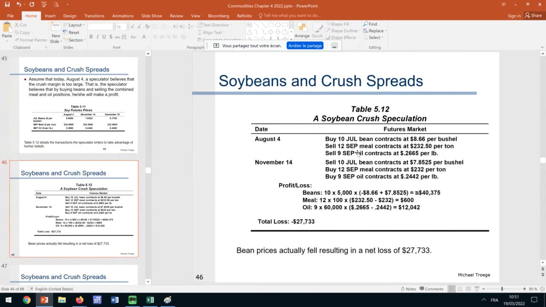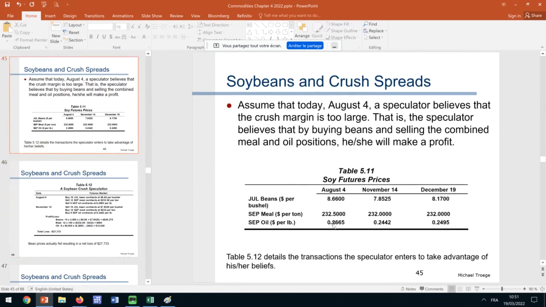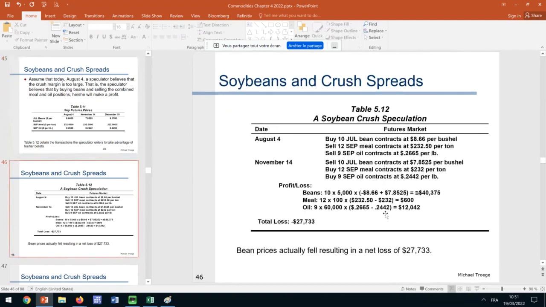Here we start on August 4th, so that's the first date. We place a bet on our crush spread. Remember, we think that these soy crushers make too much money. So the crush margin is too high; it has to go down. People will enter the market and crush more, and that's going to lead to price adjustment.